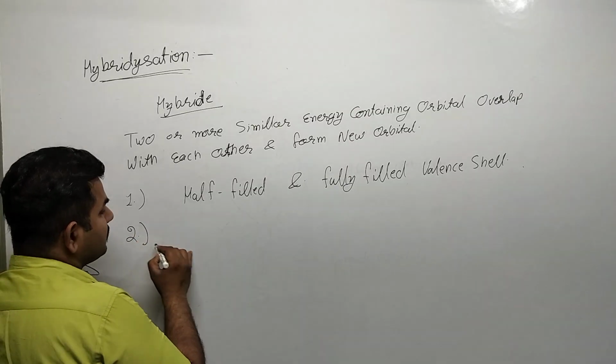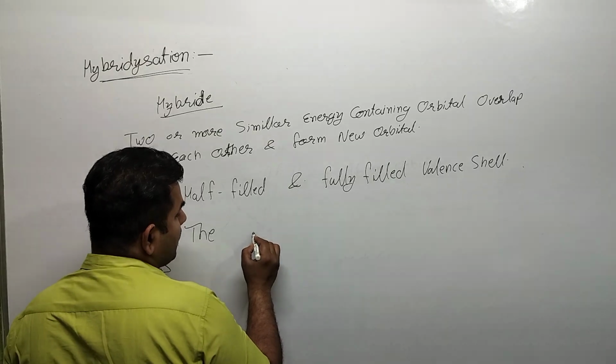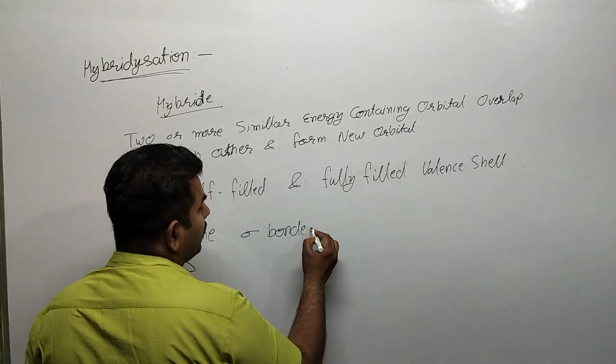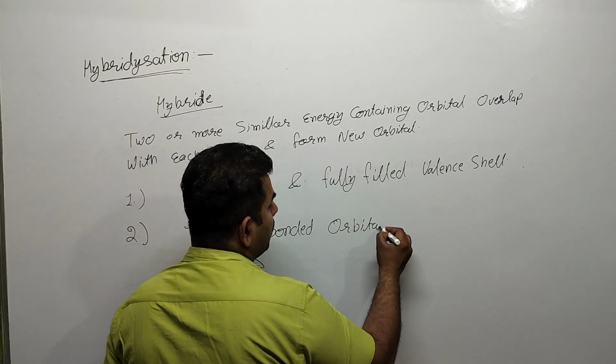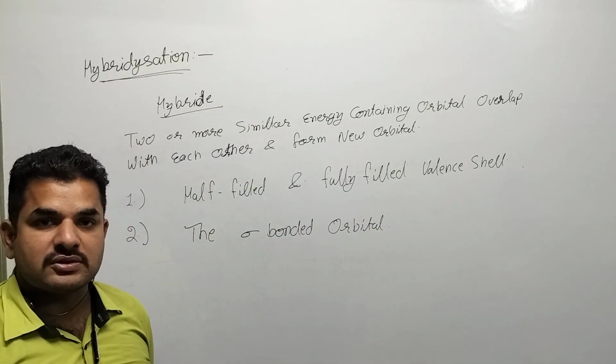Second one is sigma bonded. Only sigma bonded orbitals participate in hybridization.